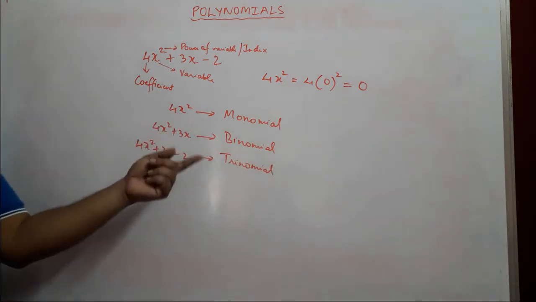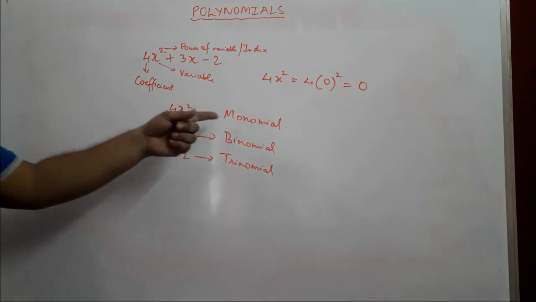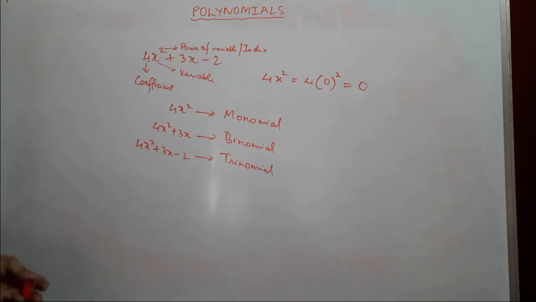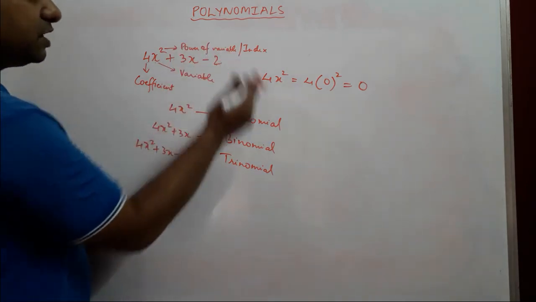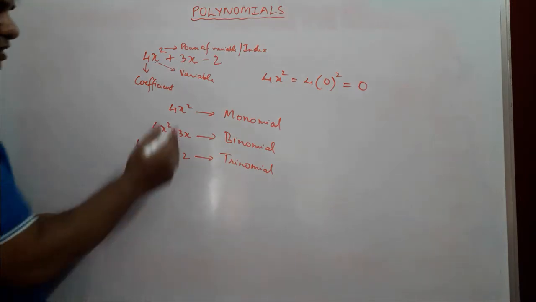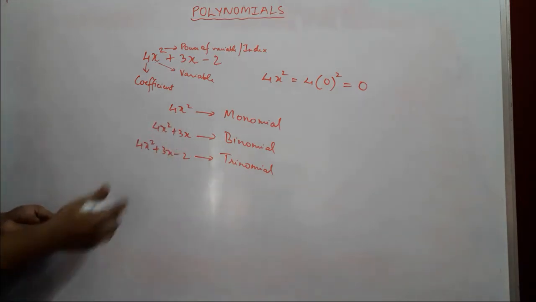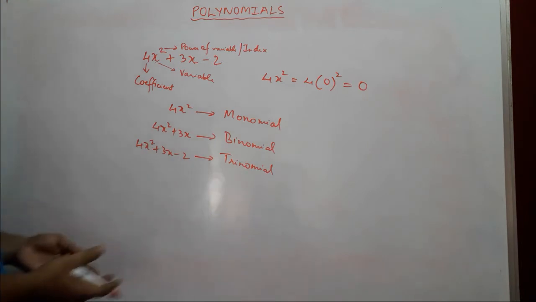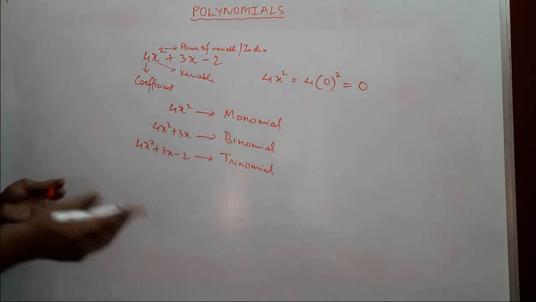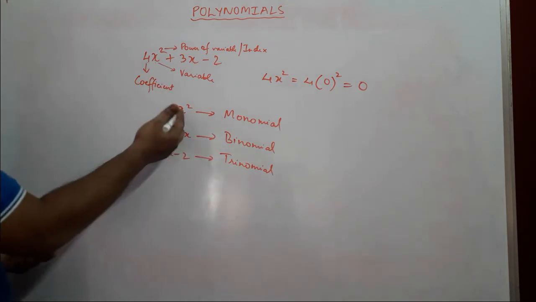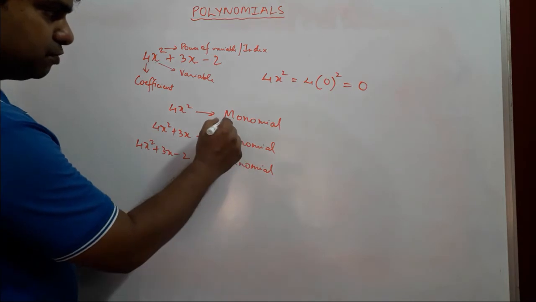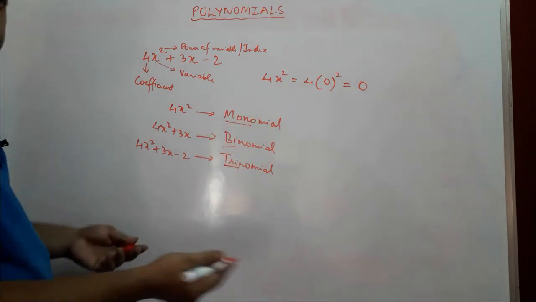To avoid giving different words for each depending on the number of terms, we give it one generalized term called the polynomial. So this is also a part of a polynomial, this is also part of a polynomial. But if we want to classify them based on the number of terms, then yes, we have words like monomial, binomial. Bi means 2, mono means 1, tri means of course 3.